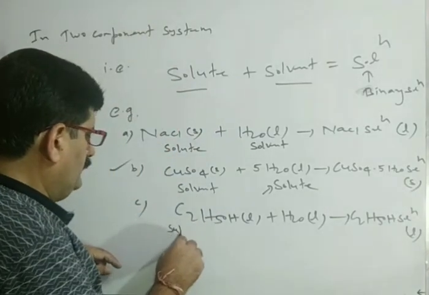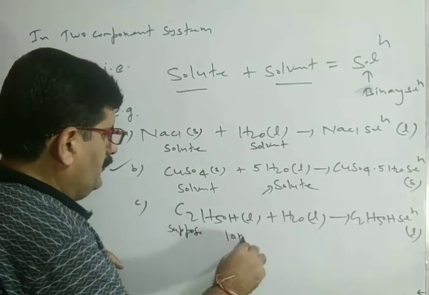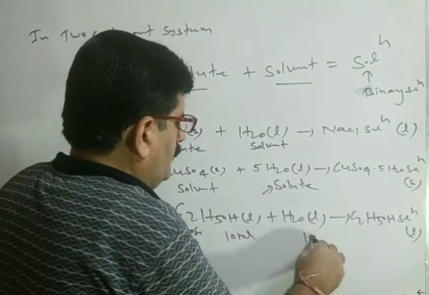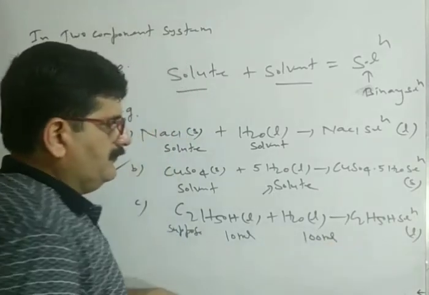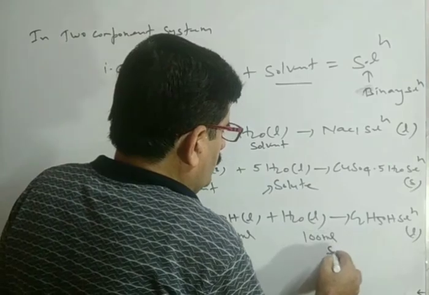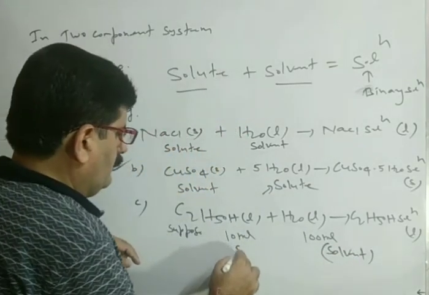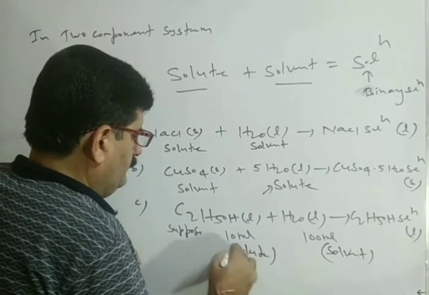Suppose if we take 10 milliliter, and this 100 milliliter, this is used in excess, that's why it is called solvent, and the other part is called solute.